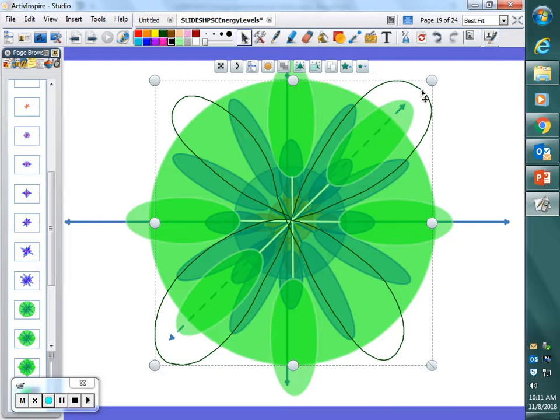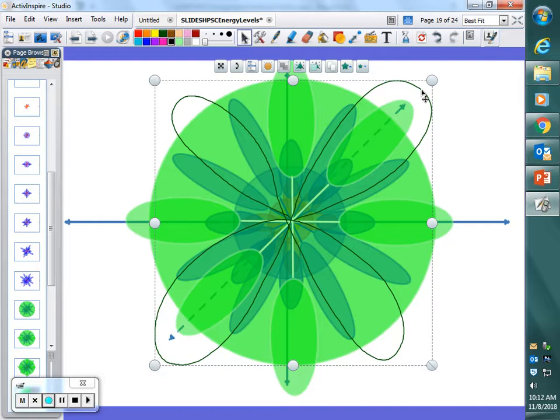Science, right? I love science. Make observations, look for patterns. There are things that we can use to classify or distinguish all of these orbitals from each other.